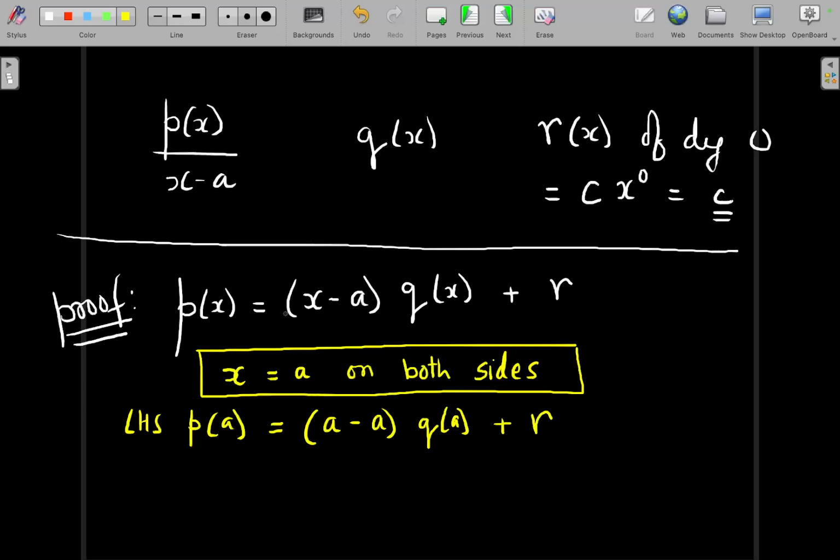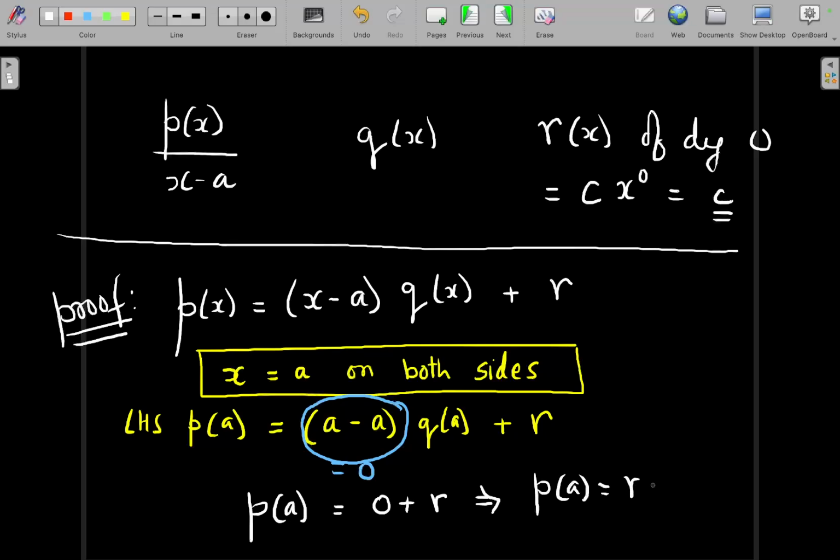But here's the magic step. a minus a is nothing but 0, and now we get P of a is equal to 0 plus r, and that would mean that P of a is equal to the remainder, and that is the end of the proof, which we normally write as QED. QED means that the proof has ended.